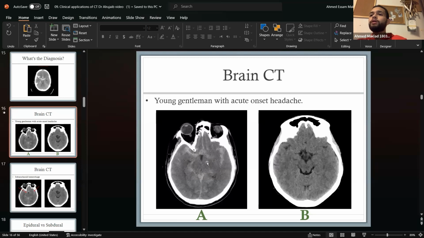You can see the grooves of the brain. This is probably an artifact, the patient moved during the CT or something. Don't worry about this. But if you look at the grooves in the brain, you can see that they are brighter, and this indicates bleeding, and probably subarachnoid because it moves alongside the grooves of the brain.